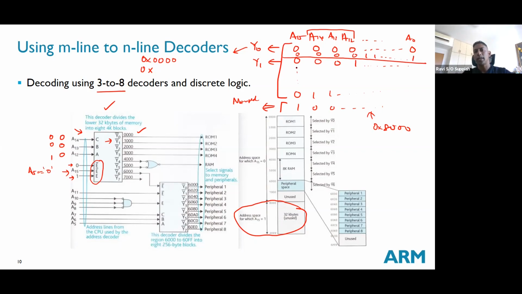Make sense? So the highest value for Y0 would be when A14, A13, A12 is still 0, but the rest of the bits are 1. The rest of the bits are 1, so it will become 0x0FFF.